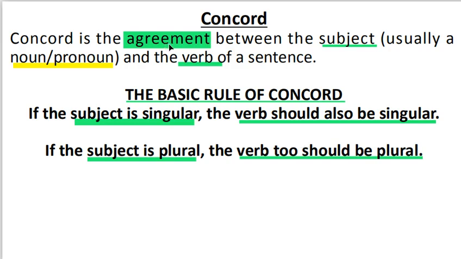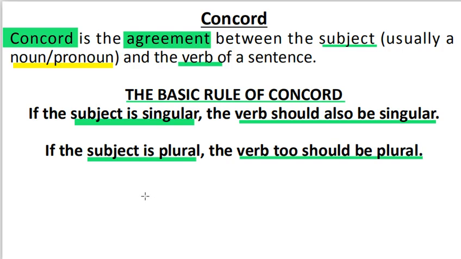This agreement is what we call concord. With this explanation, the knowledge of singular and plural nouns and the knowledge of singular and plural verbs is very important for any student to fully understand the topic of concord.